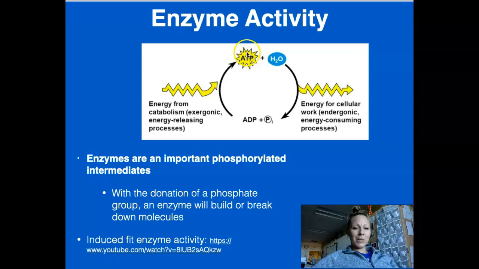And so ATP is formed, and let's pretend that this water is actually an enzyme. So ATP and an enzyme are going to work together to fuel another process. This is process one, and this is process two. An exergonic process is going to fuel an endergonic process. And so the enzymes are an important phosphorylated intermediate.